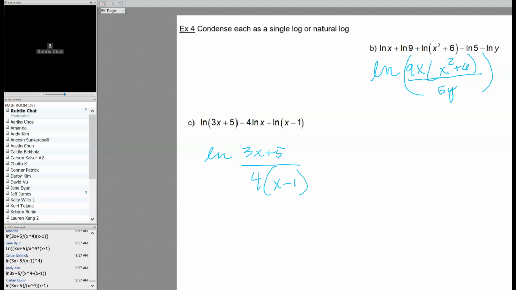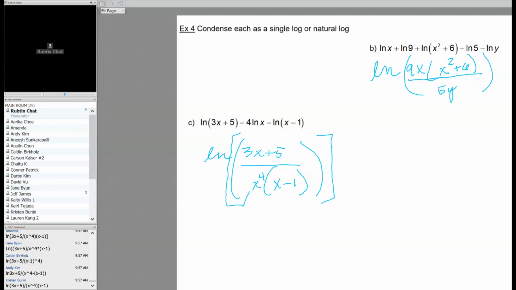When you're typing, oh, wait, ln x, so I didn't mean 4, I meant x to the 4th. When you're actually typing it in, you got to have a million parentheses. So you know that all of this is the argument for natural log.